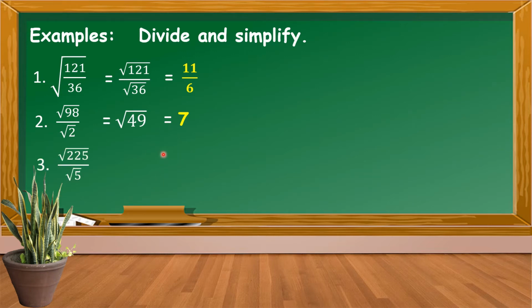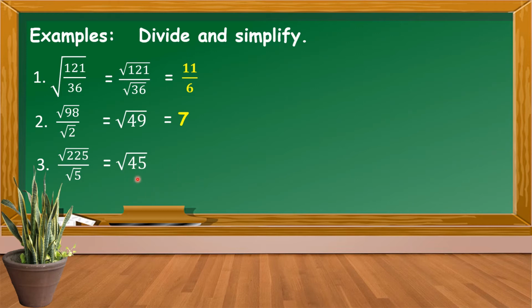Next, number 3. Square root of 225 divided by square root of 5. Yes, 225 is a perfect square, but we still have a radical in the denominator, which is square root of 5. But 225 can be divided by 5, and that is square root of 45. Again, we got 45 from 225 divided by 5.